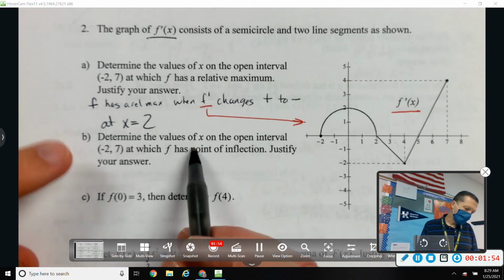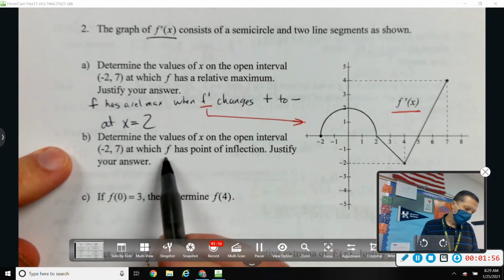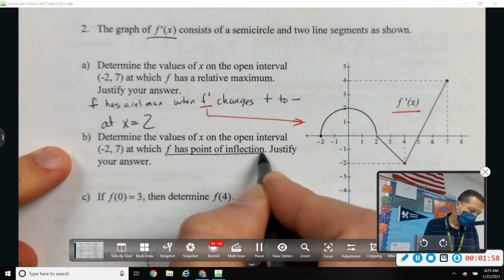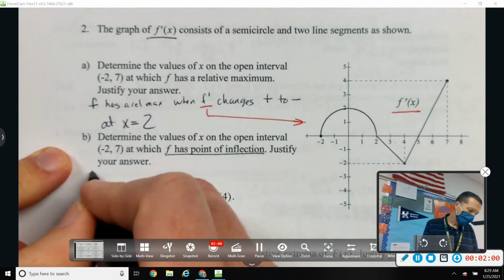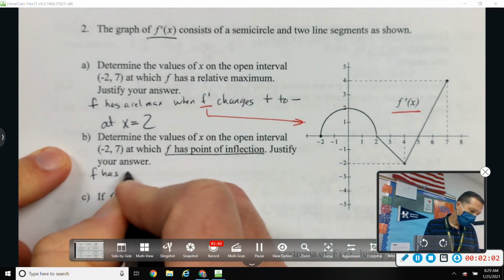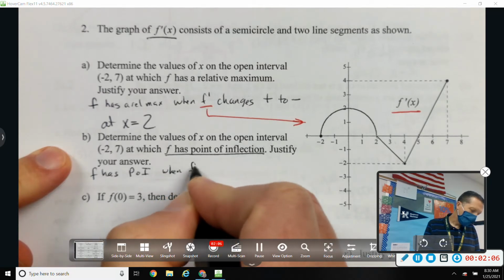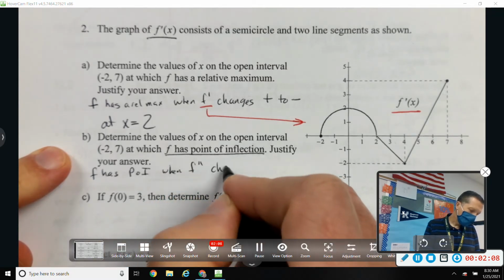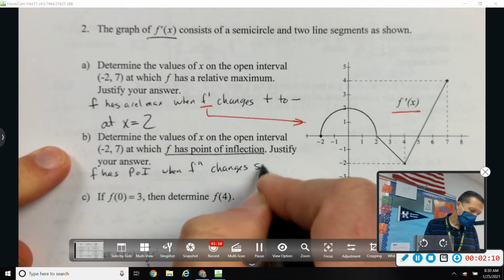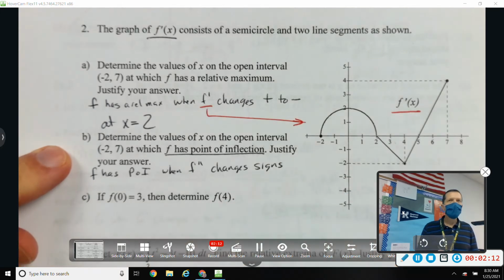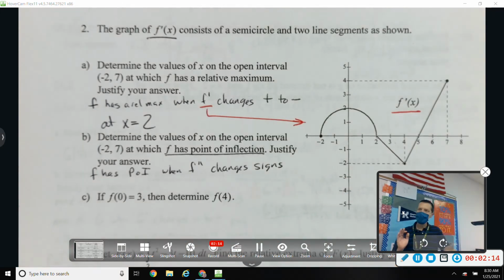Determine the values of x on the open interval at which f has a point of inflection. Justify your answer. Okay, well, f has a POI when f double prime changes signs. For the second derivative, we don't care about plus to minus or minus to plus, as long as it's changing signs.